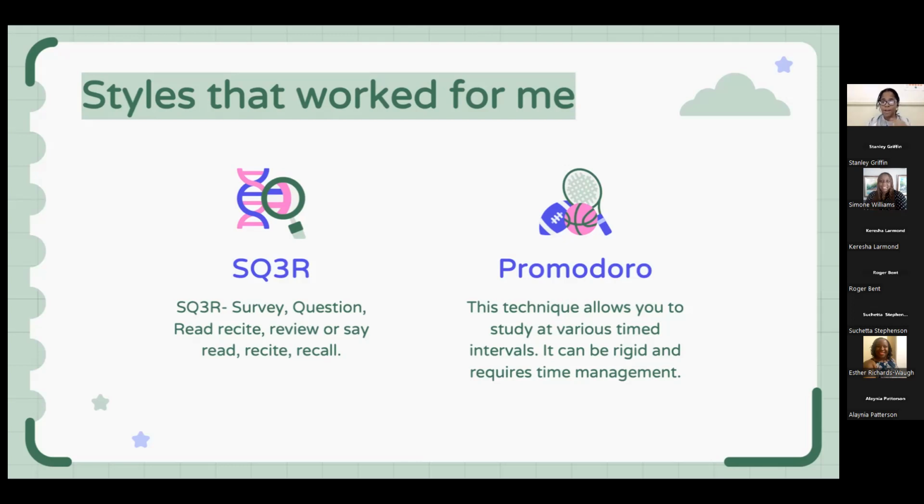So it does require discipline. It does require time management, and this method can be a little bit rigid. It might not be easy for someone who is not as committed to the task, or for a group of students who can be easily distracted or not fully engaged in the task at hand.